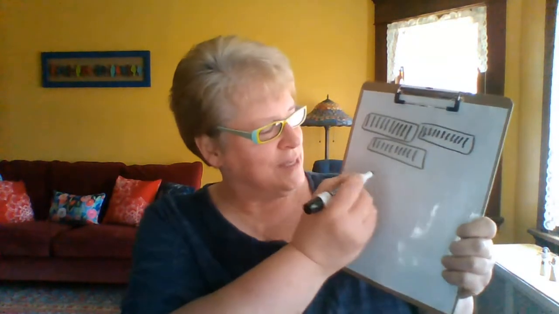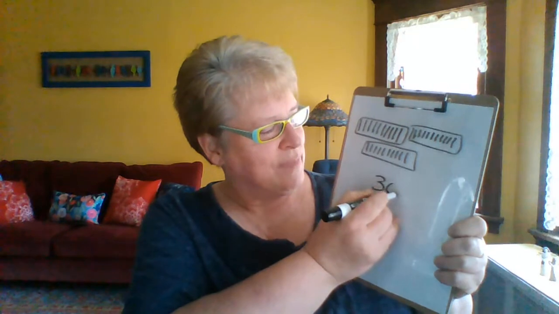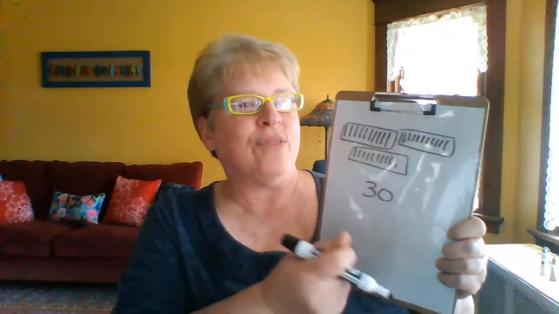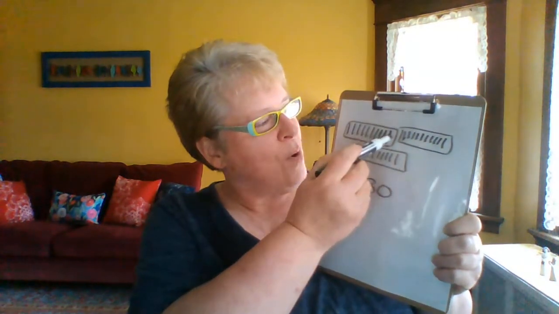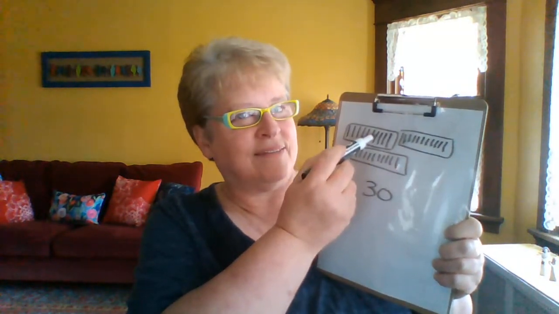All right, is this the same as 30 tens? What does 30 tens equal? Remember, we did this on a prior lesson. 30 tens. If we counted 10 out 30 different times, here is one group of 10 tens. Here is 2 groups of 10 tens.